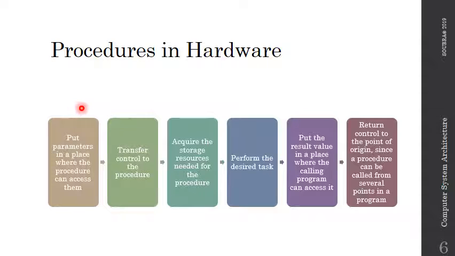Hardware wise, well, remember we're dealing with operands or the memory, and we need to start thinking of where to put the parameters, for instance. So most probably there are going to be some registers that are dedicated for the parameters from a conventional point of view. So convention wise, we're going to use one or more of the 32 registers that are available to us with the MIPS architecture, for instance.